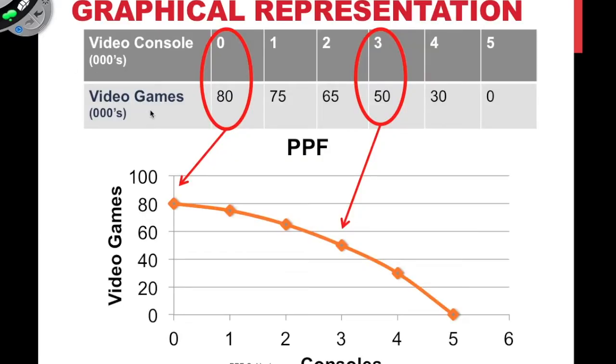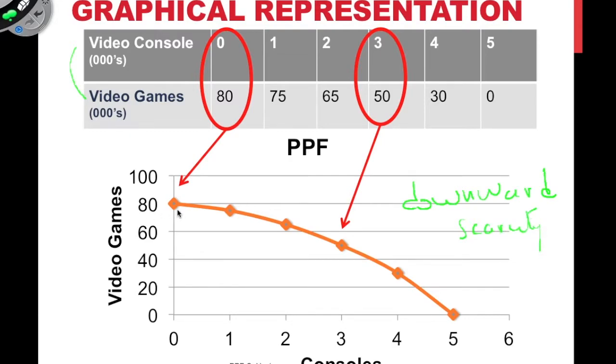If you were to represent these combinations of consoles and games that you can produce graphically, you would get something like this. You get a downward sloping line. What that shows you is that, first of all, you have scarcity.